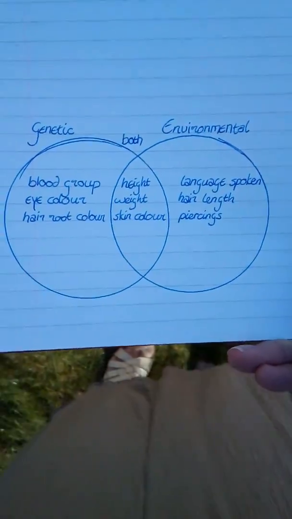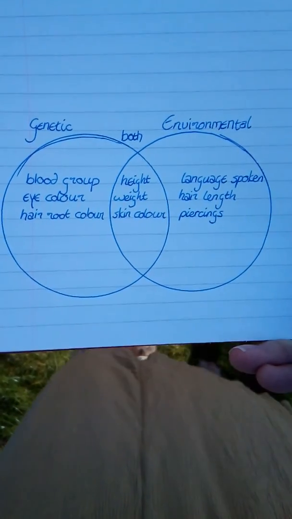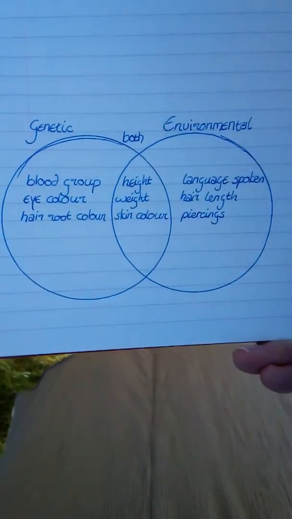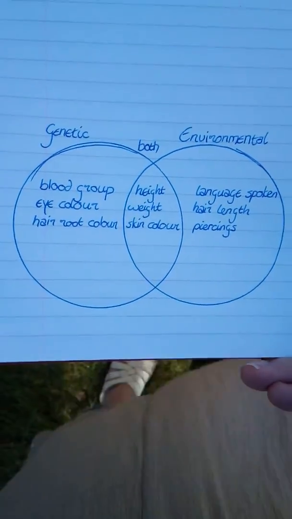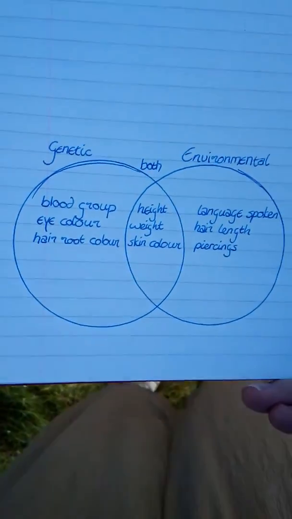So what I'd like you to do, come and take a look in the book. So what I've got here is a Venn diagram of things which are genetic, environmental, or both genetic and environmental.